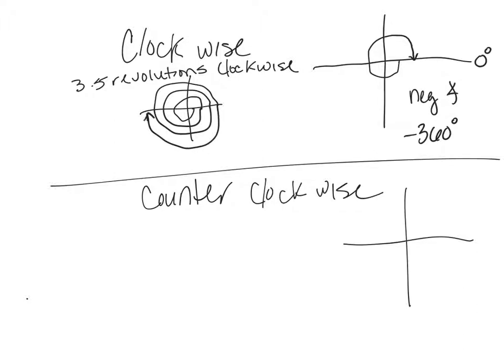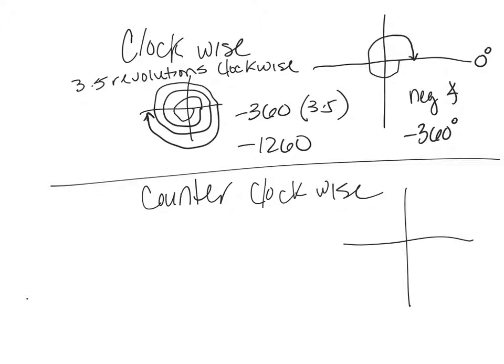We're going to end up right there, right? That would be negative 360 times 3.5. So that's a lot more than 900 and something. What is that? Yep, negative 1260.